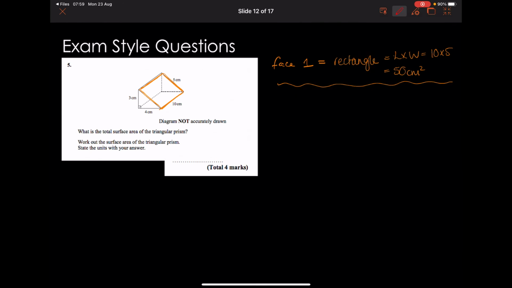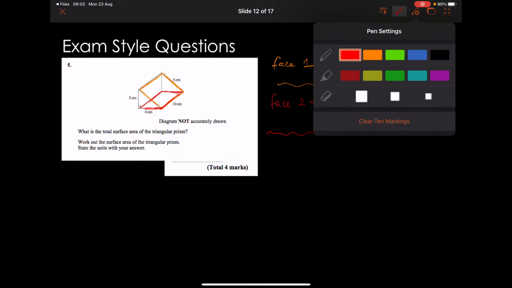We've then got this base rectangle. So face number 2 is also a rectangle, and so we do length times width, but this time it's 10 times 4, which is 40 centimeters squared.